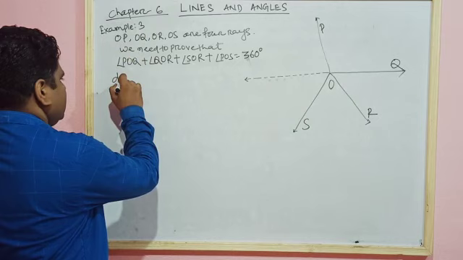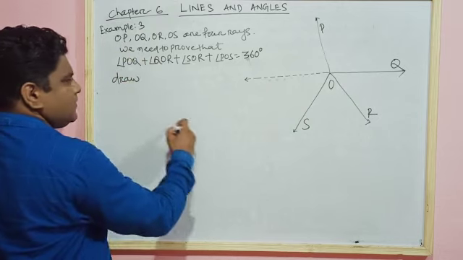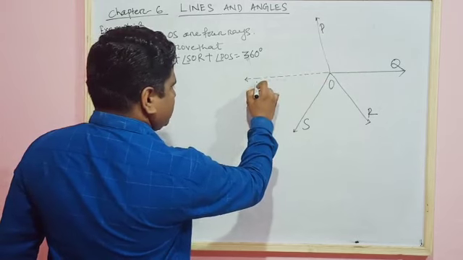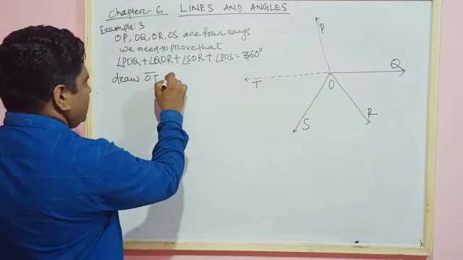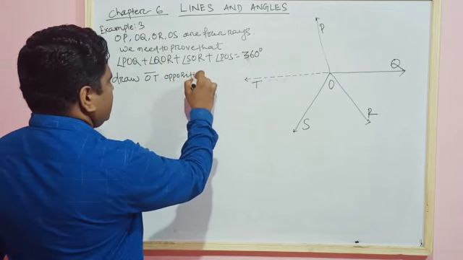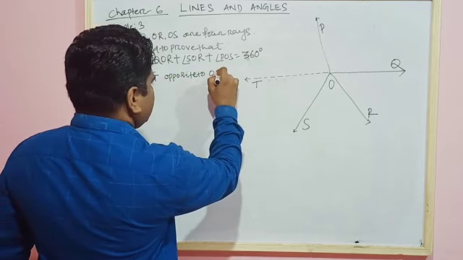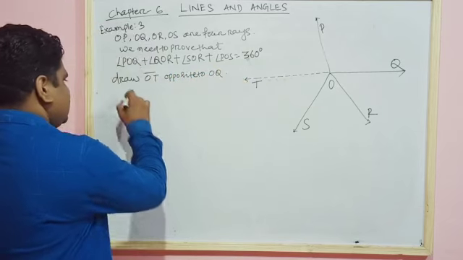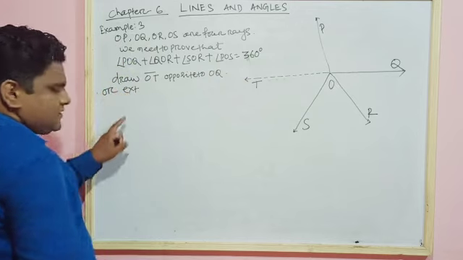So draw, let the name of this line be OT. Draw OT opposite to OQ, and extend.